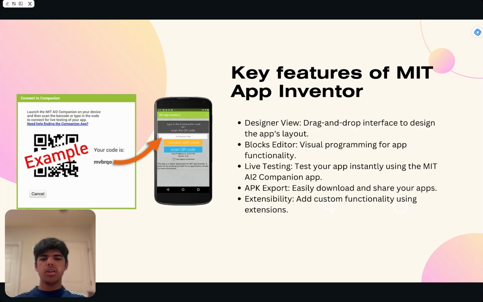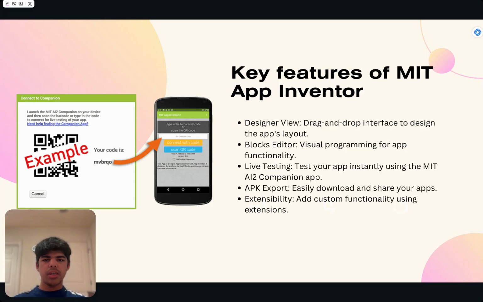Another standout feature is live testing. Using the MIT AI2 companion app, which I'll be showing you how to use in a few minutes, you can instantly see how your app works on your Android device as you build it. This makes real-time development much faster and more intuitive.